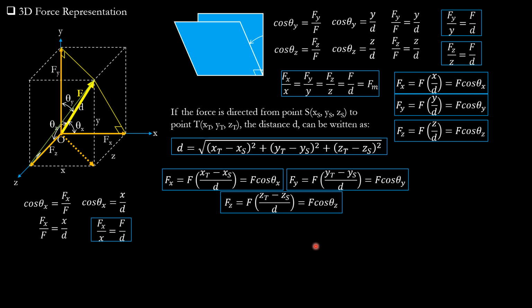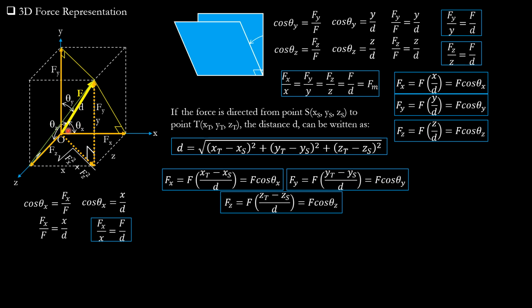So by Pythagoras theorem, this diagonal in terms of the components of force is the square root of Fx squared plus Fz squared. In terms of distance, delta x squared plus delta z squared. Then this is Fy. Then 90 degrees here, so this is a right triangle.